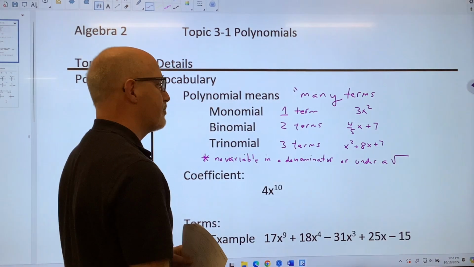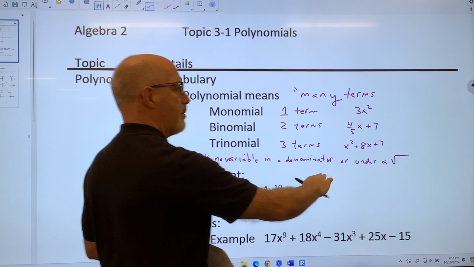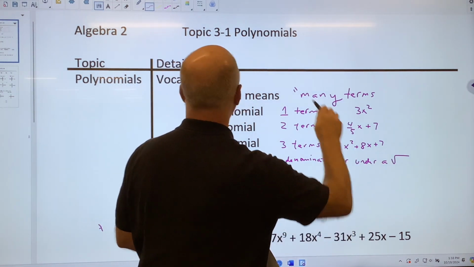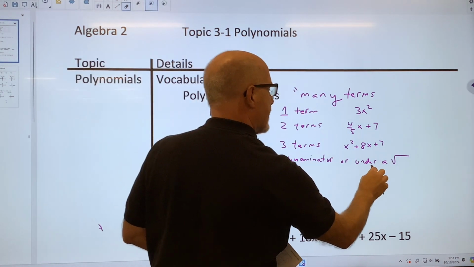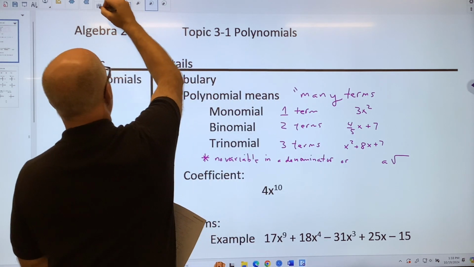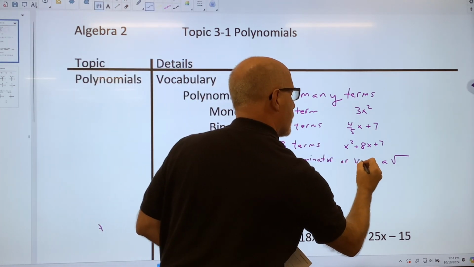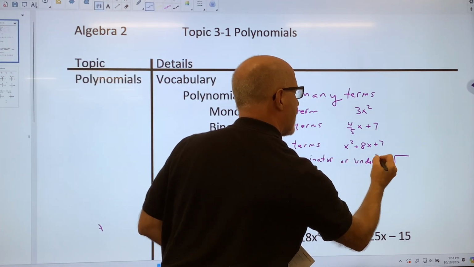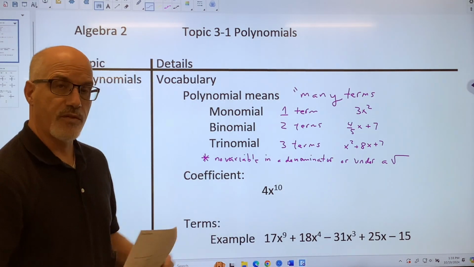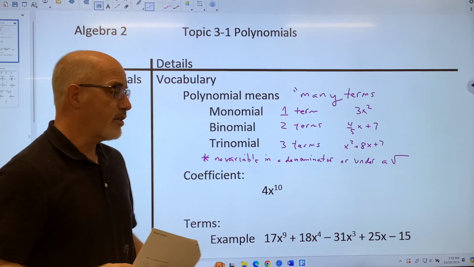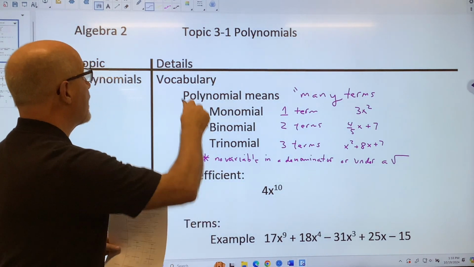Underneath a radical. So no variable in a denominator or under a square root. So that will help us when we're classifying, okay? When we're working with this, we'll be able to tell, is it a polynomial or not? And if you see a variable in either of those cases, it's not a polynomial.